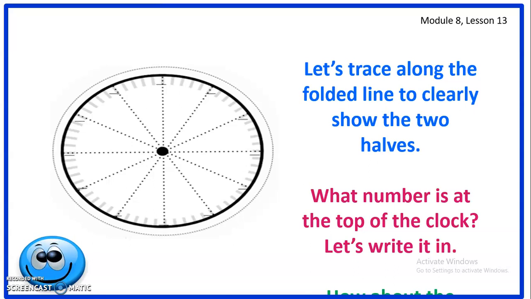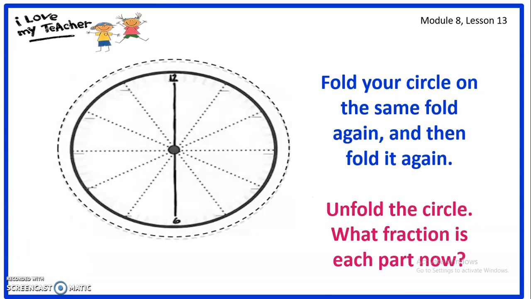Now, what number is at the top of the clock? Let's write it in. Now, this is our folded line, and this is 12 and 6, right? 12 is at the top and 6 is at the bottom.